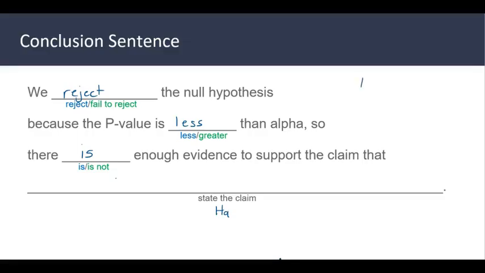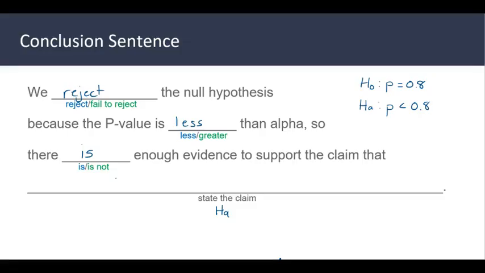So for Coach Rivers, our null hypothesis was that p is equal to 0.8, that he is an 80% free throw shooter. And our alternative hypothesis is that p is less than 0.8. Okay, but we're going to write that in context. So what does this mean?